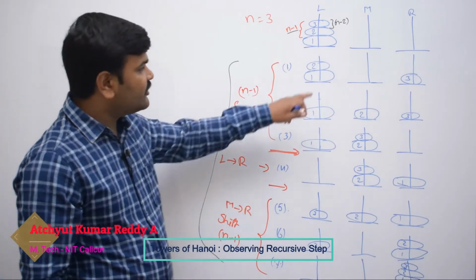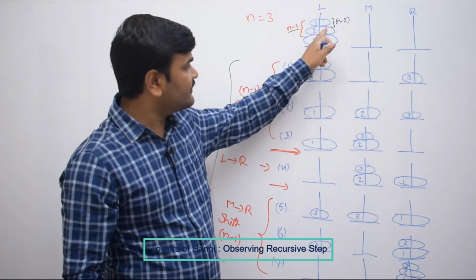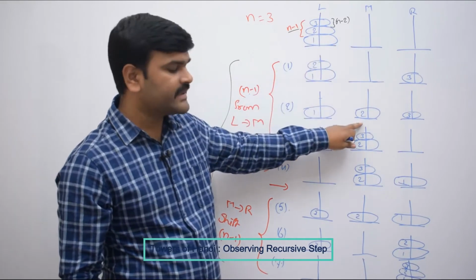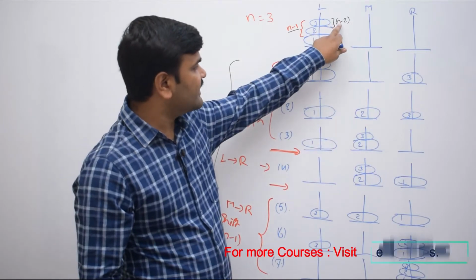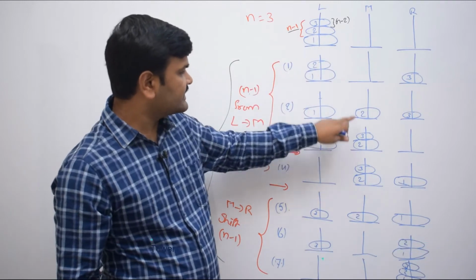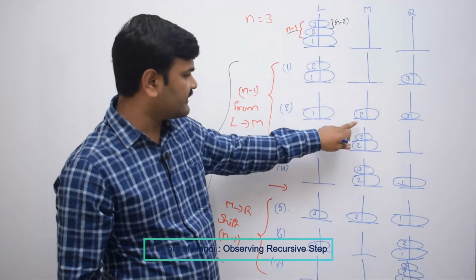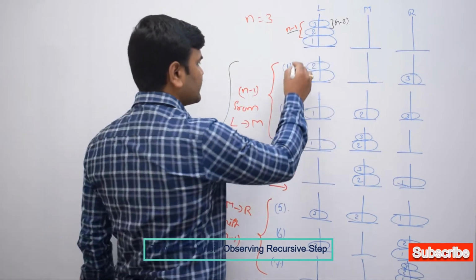Okay, then you can shift this 2 to its actual temporary destination. Next is the actual helping tower, which is the middle. So to shift these n minus 1 disks to the middle tower, first of all you have to shift 2 to the middle tower. So for that this is what we are doing.